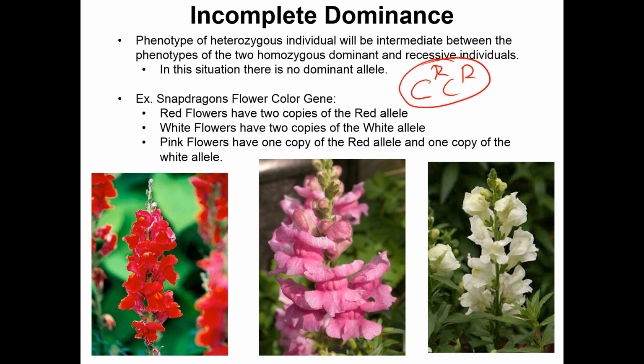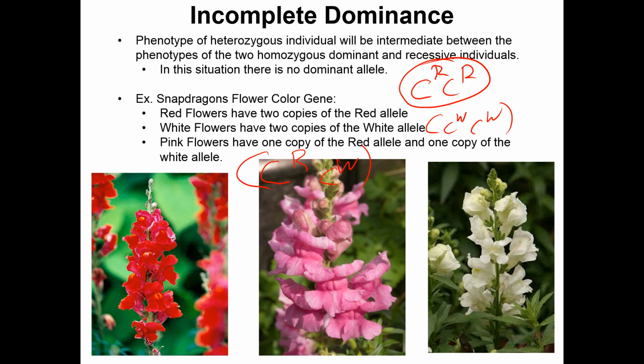A flower with white alleles will have this genotype. And a pink flower will have a genotype that'll look like this: a copy of the red allele and a copy of the white allele.